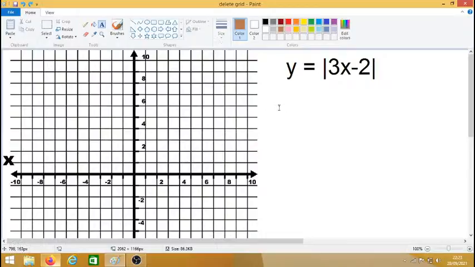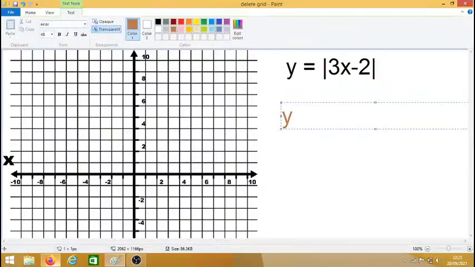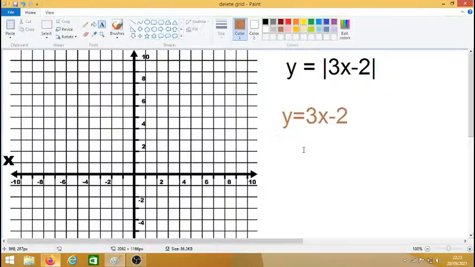We want a graph that goes 3 squares up for every 1 square across, and it continues doing that. And we also want it to pass -2 on the y-axis.